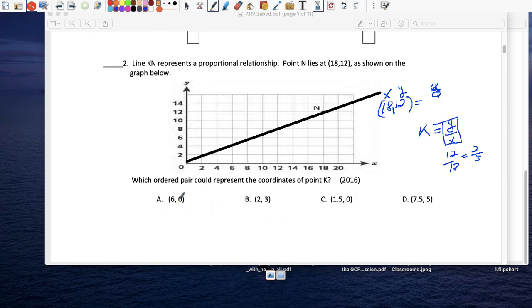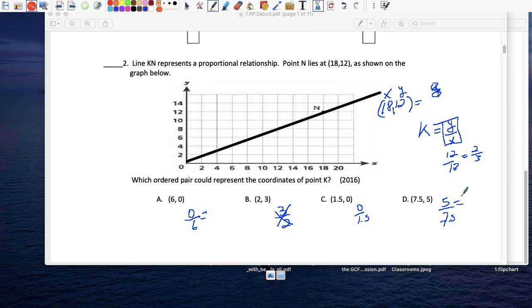Here, 6 and 0, you get 0 over 6. The constant of proportionality here is not going to give you 2/3. 3 over 2 would actually give you 3 over 2, which is not it. This would also not give it to you. 0 divided by 1.5, that's not it. And then this y, 5 divided by 7.5.